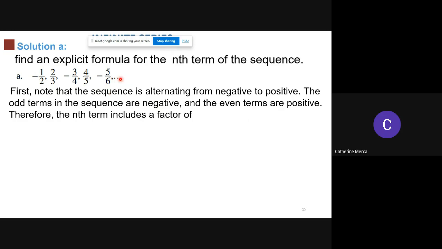So what do you think would be your a sub 6 based on this? This is 1, 2, 3, 4, 5. Do you see the pattern? What comes after 5?